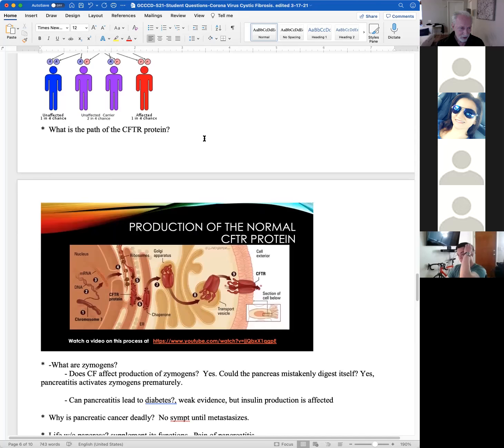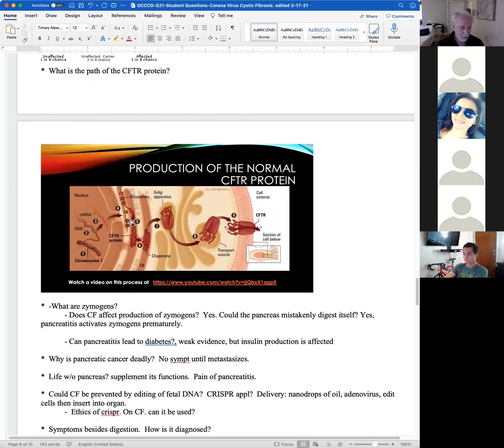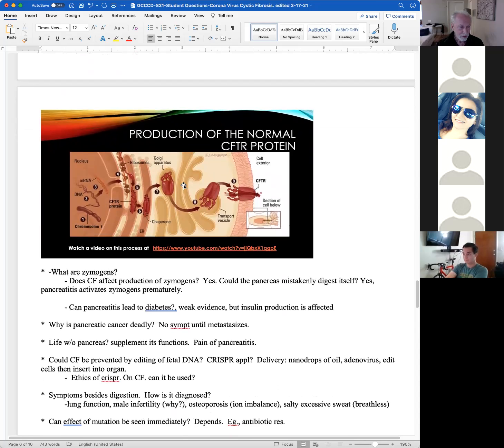Okay, there were some questions about what is the path of the CFTR protein in the cell. For that, I point you to this diagram, which starts with the nucleus and ends with the plasma membrane on the right. The CFTR protein is encoded in the chromosome in DNA, which is transcribed and translated into protein, if all goes well.